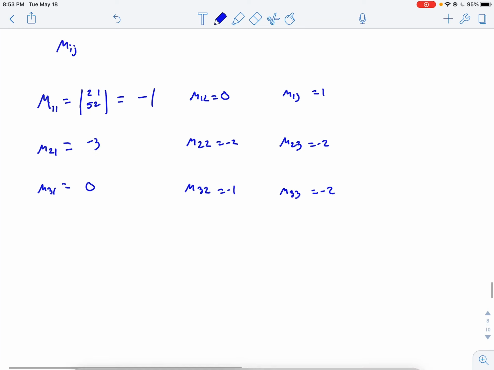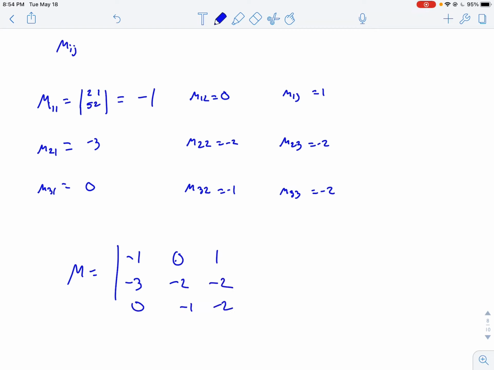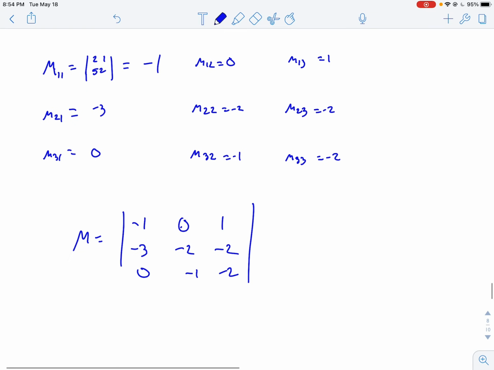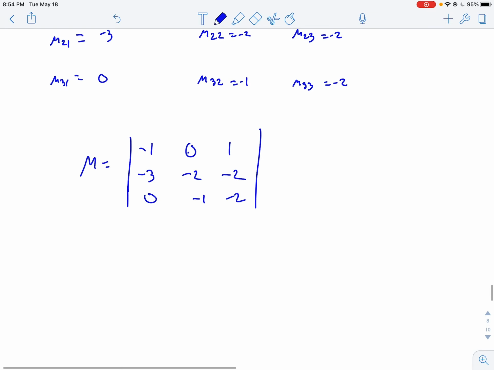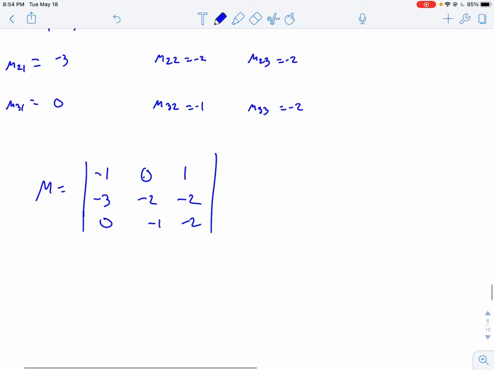Okay, so our matrix of minors ends up being -1, 0, 1, -3, -2, -2, 0, -1, -2. Now, we want to turn this into our matrix of cofactors. To do this, we multiply our matrix of minors by +1, -1, +1, -1, +1, -1, +1, -1, +1.